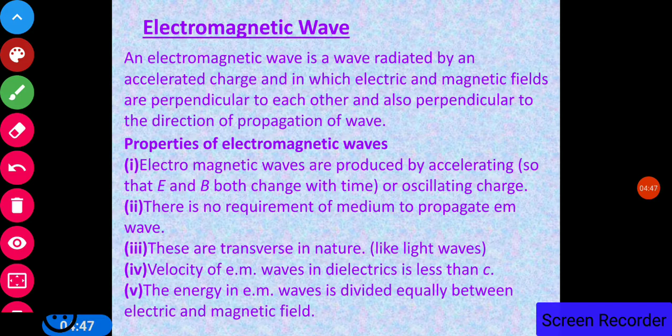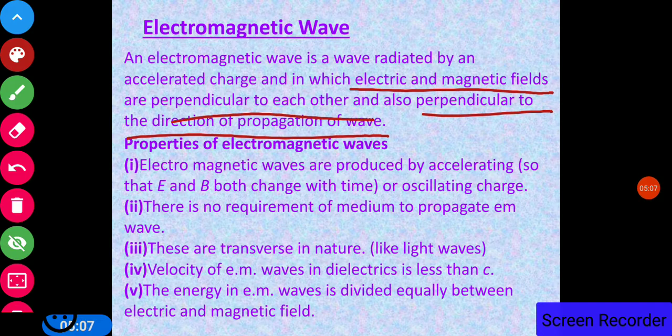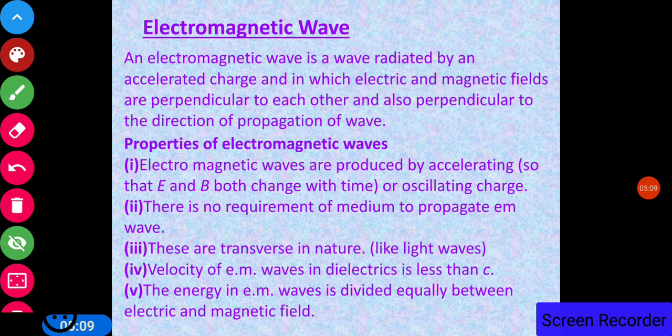Always when a charge is accelerating, EM waves will come into existence. So it will have both electric and magnetic fields, and they are perpendicular to each other and also perpendicular to the direction of propagation of the wave.